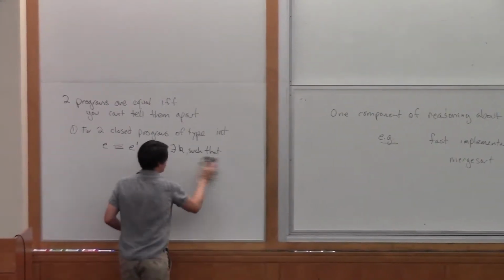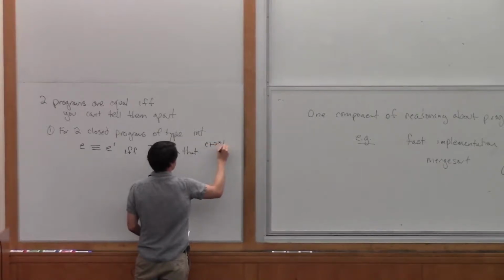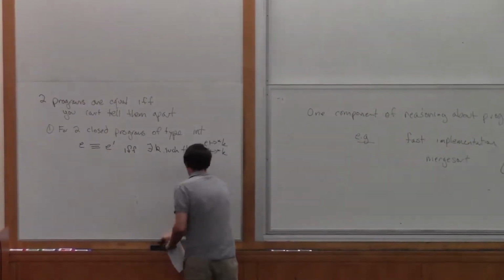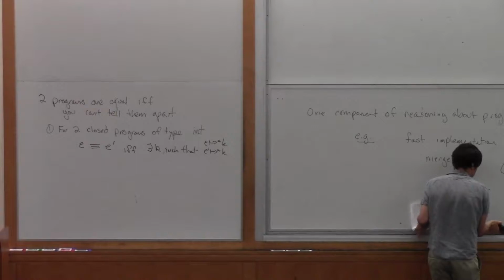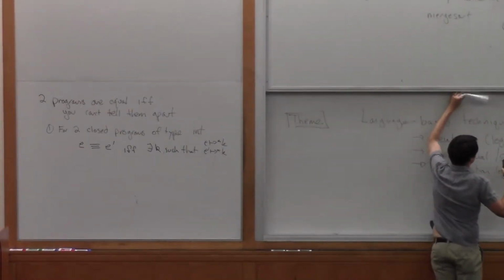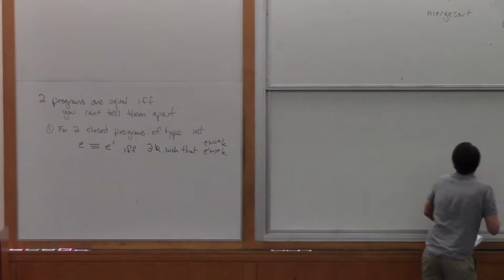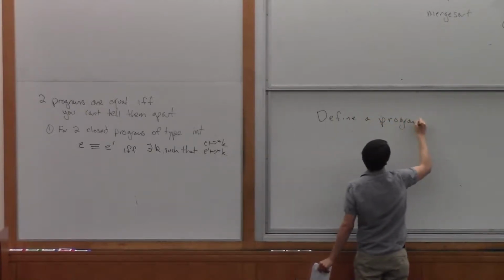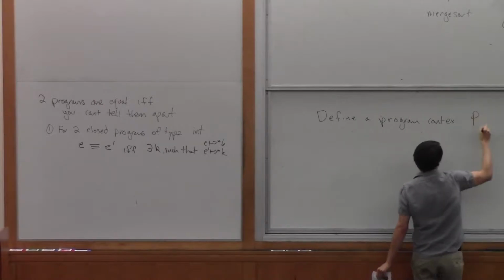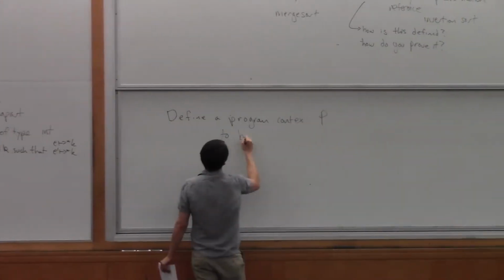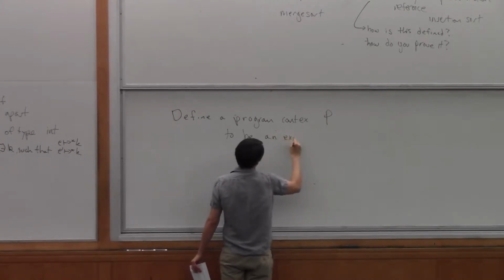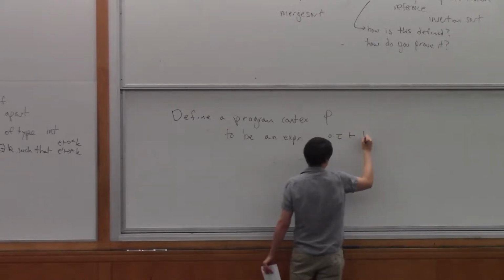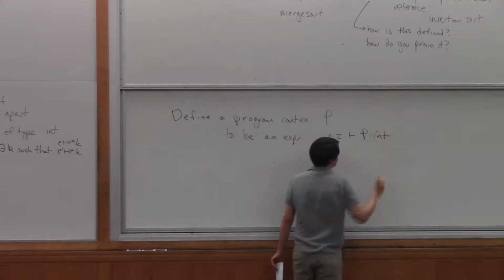What I'm going to do is define a program context, which I'll write as a scripty P, to be an expression with one variable of type tau that has type int.